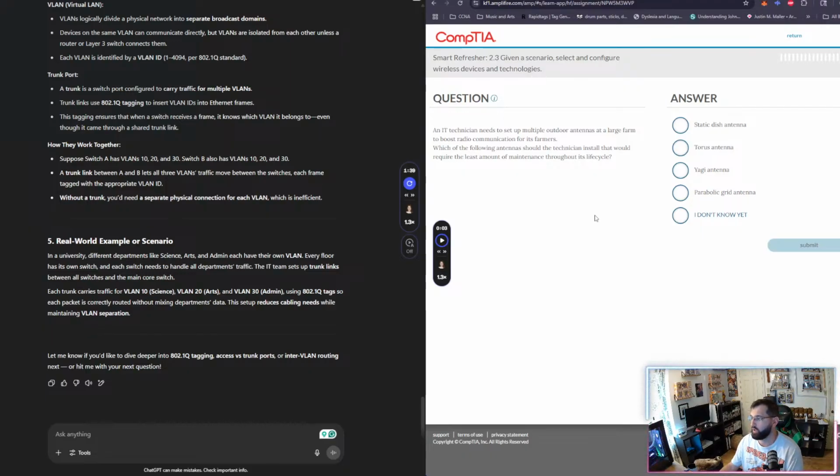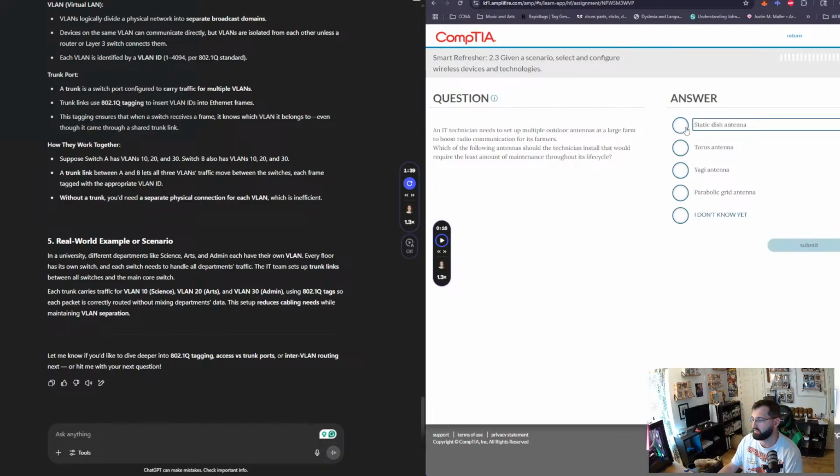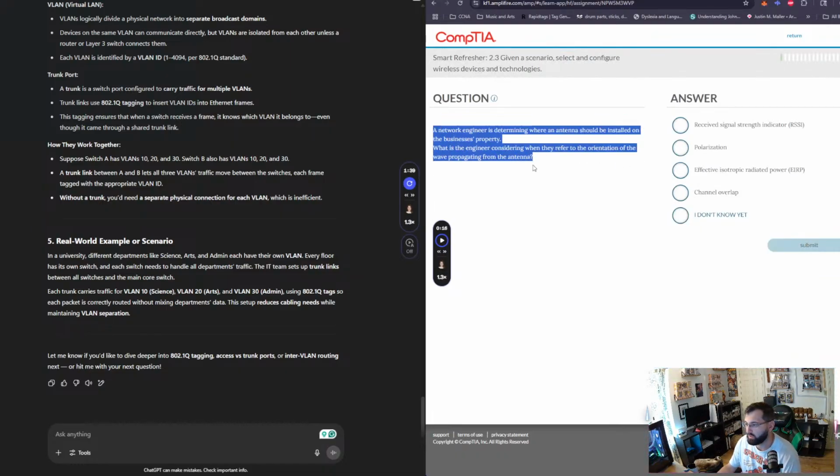Man. Okay, we are actually going to look up each one of these antennas. I don't know. We're going to look up each one of those.